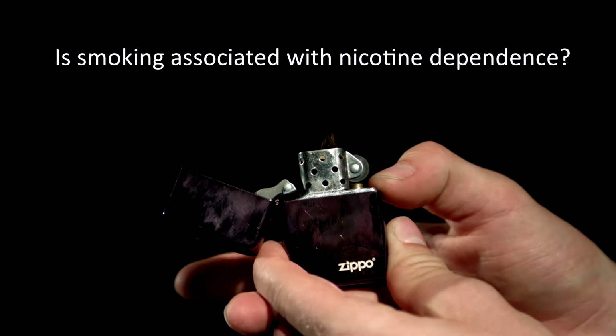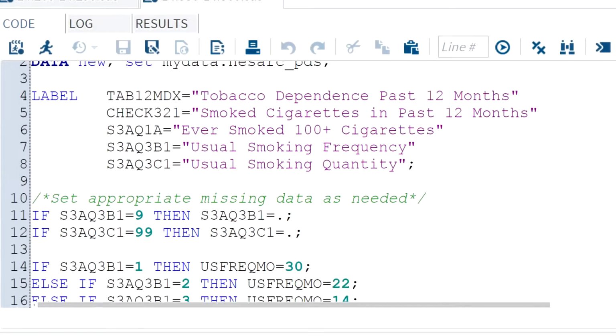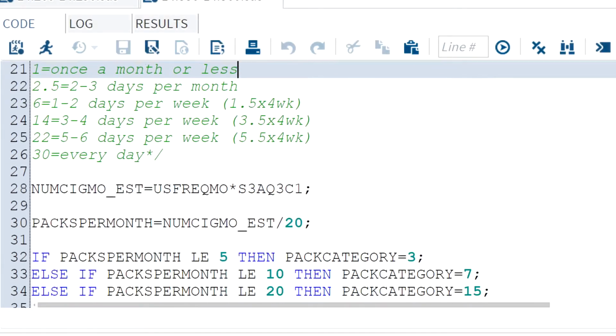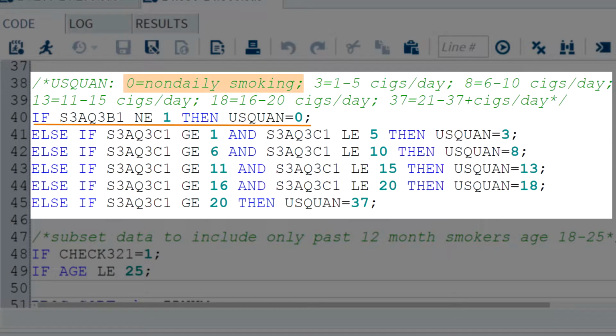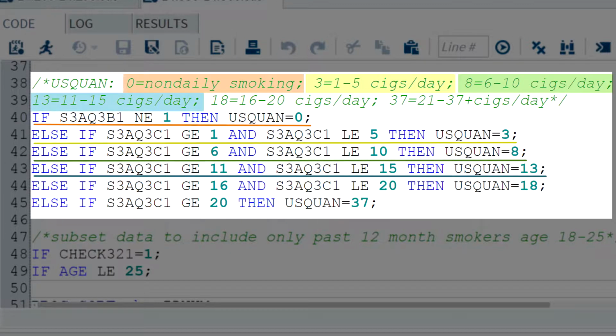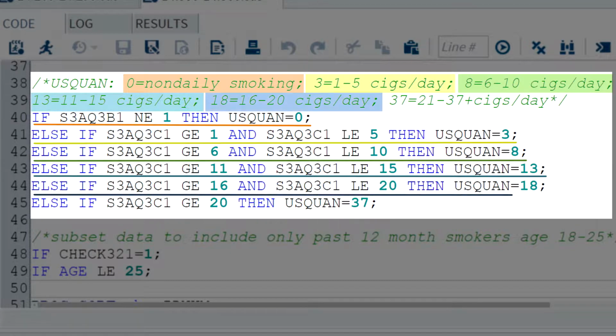We're going to create another smoking variable for this purpose, reflecting how many cigarettes each young adult smoker smokes per day. 0 will indicate non-daily smokers. 3 indicates those smoking 1 to 5 cigarettes per day. 8 indicates 6 to 10 cigarettes per day. 13 indicates 11 to 15 cigarettes per day. 18 indicates 16 to 20 cigarettes per day. And 37 indicates greater than 20 cigarettes per day.